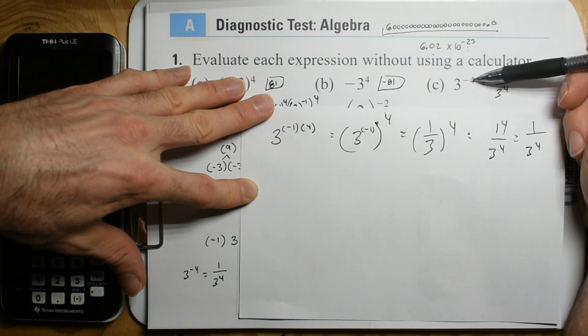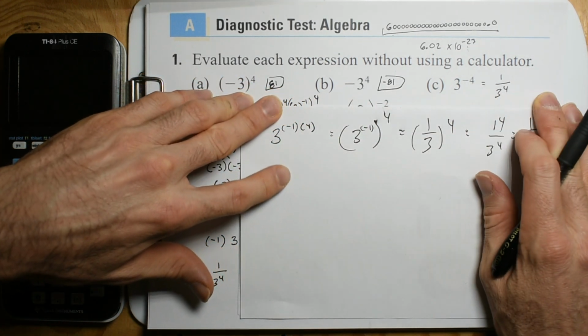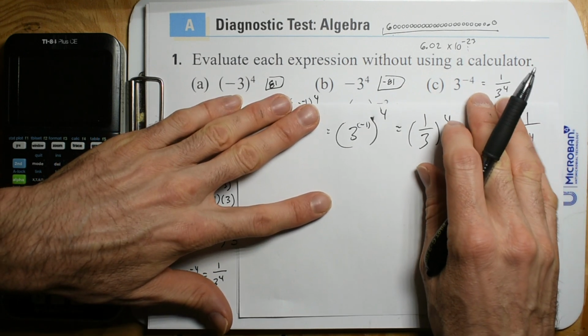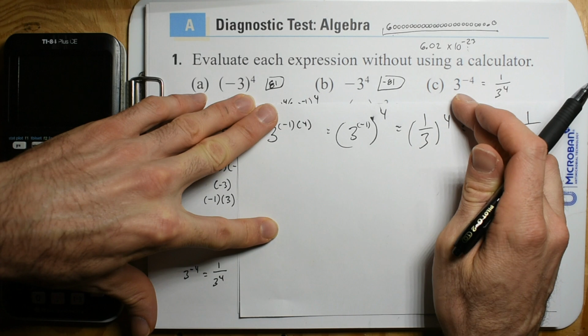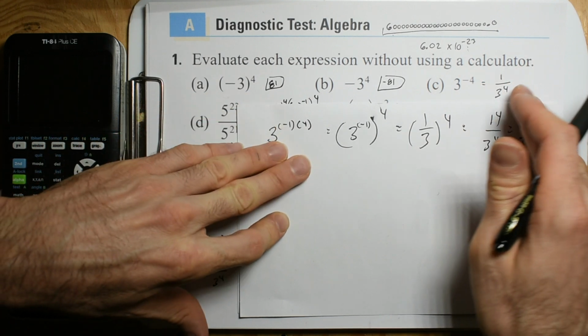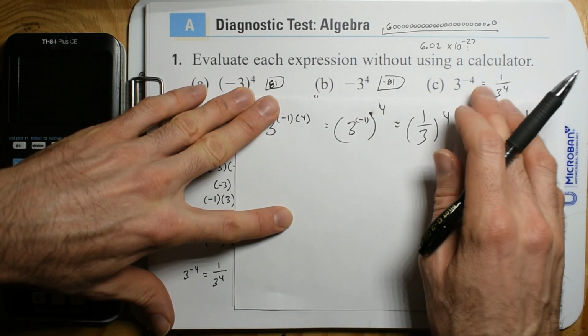If we see 3 to the negative 4, it's just 1 divided by 3 to the 4th. But what I like to do is pretend like you're not going to do math and physics for the next 10 years, and you're going to have to come back to this. And then what? You know what I mean? So it's good when you are studying to ask, is there multiple ways?